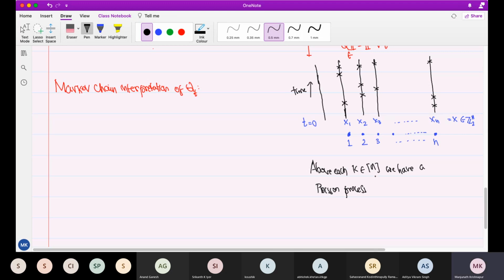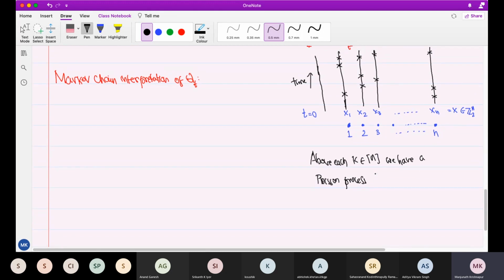It's nothing very sophisticated. If you know exponential random variables, it is this. A Poisson process is a sequence tk1, tk2, tk3, a sequence of times. So for example, this is t31, this is t32, and so on. This is tn1, tn2, tn3, and so on.